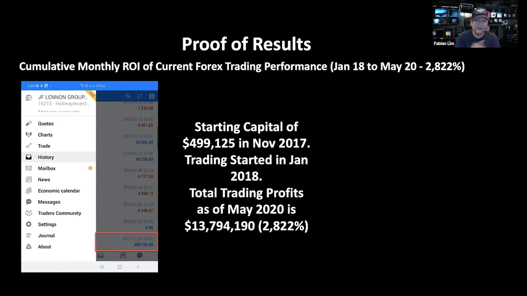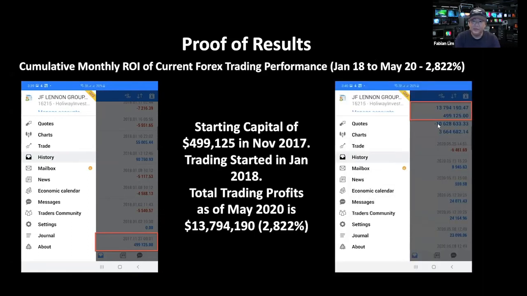I can even read it out right now. It's 27th of November 2017, very specifically. And you see, similarly, the screenshot I took, which is on the 25th of May, and the running balance being 13.794 as I asserted earlier.